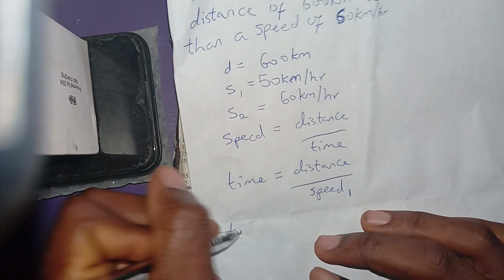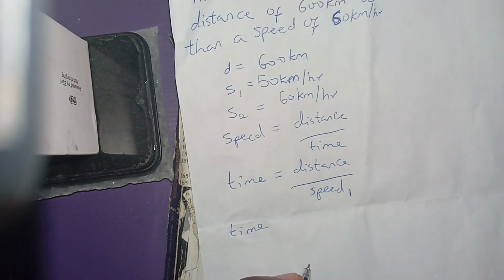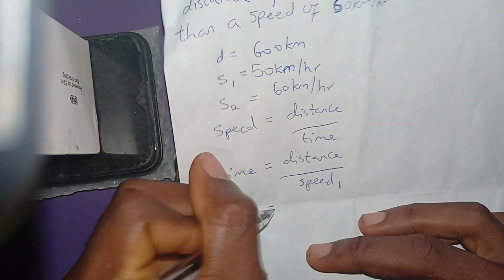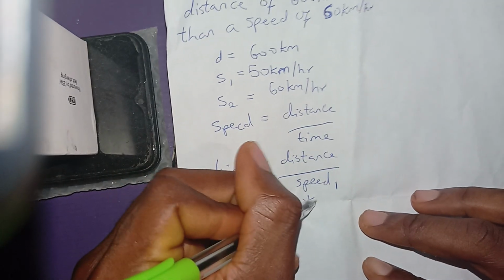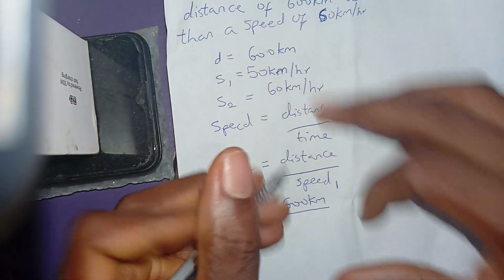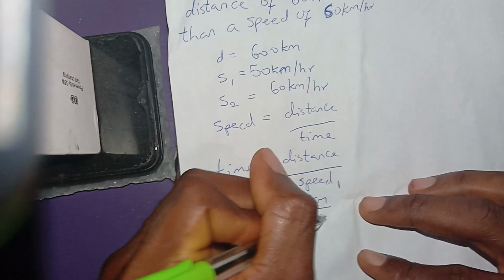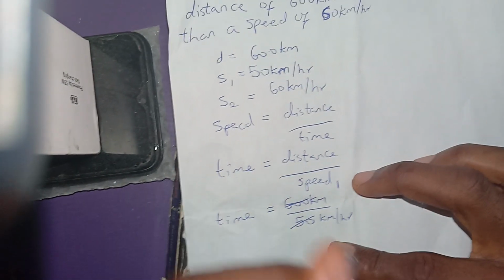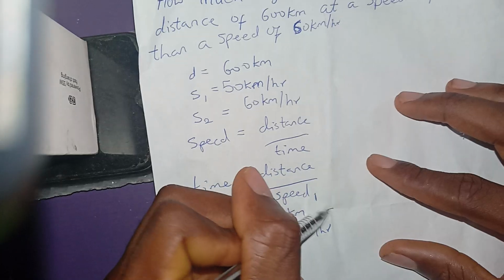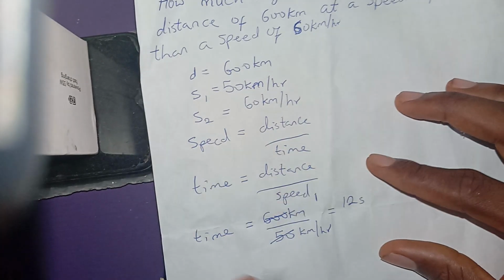Now, the time taken for a car going at 50 kilometers per hour to cover 600 kilometers, because the distance is 600 kilometers, is 600 all over 50 kilometers per hour. This will give you 12 hours.